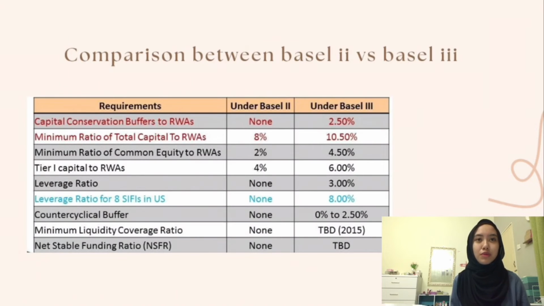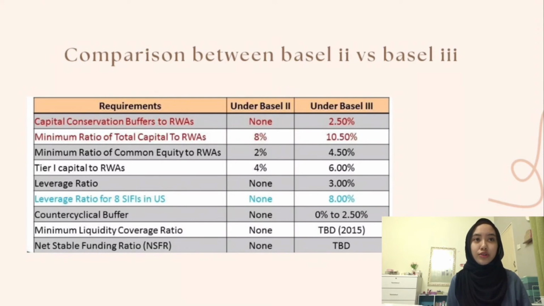Next, for the minimum ratio of common equity to RWAs, under Basel II is 2%, and under Basel III is 4.5%. Next, Tier 1 capital to RWAs under Basel II is 4% and under Basel III is 6.0%.